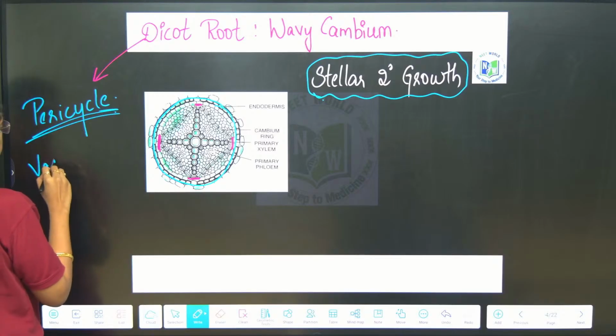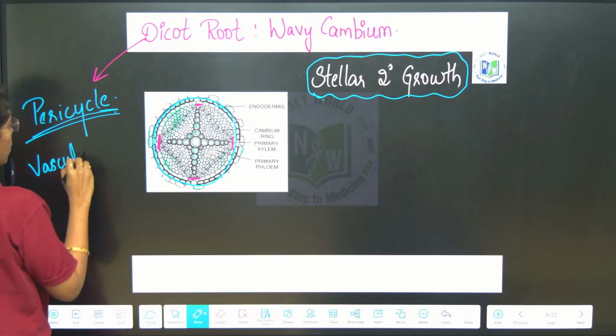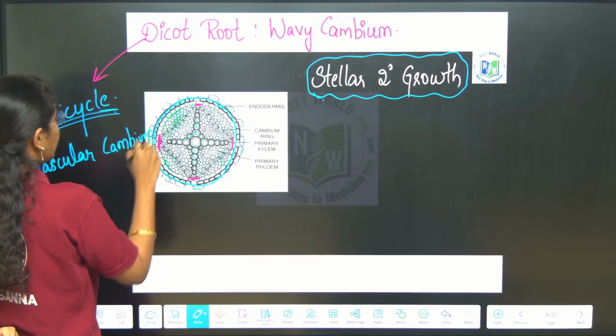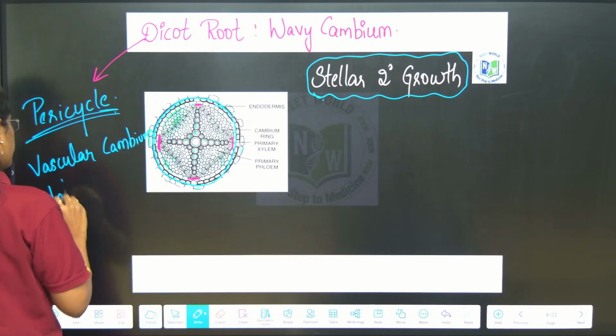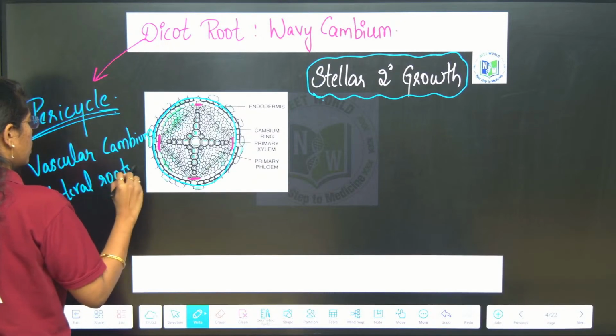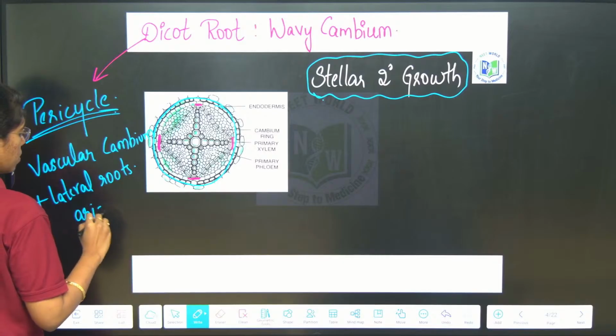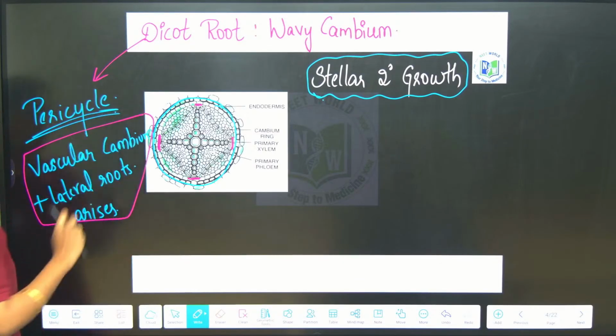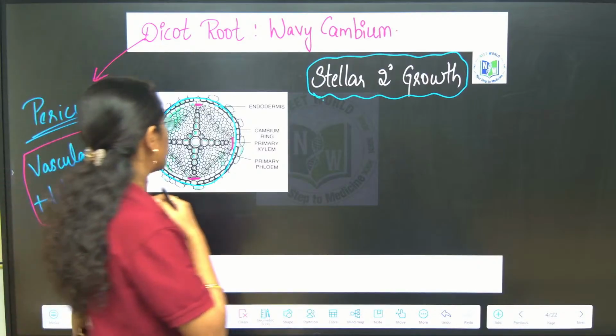Vascular cambium and lateral roots arise. Fine, right? So, from pericycle region, vascular cambium and lateral roots will arise.